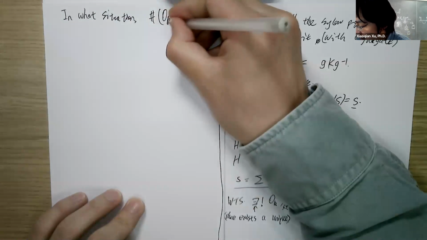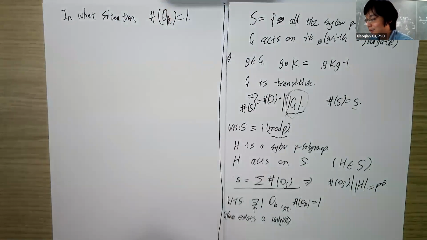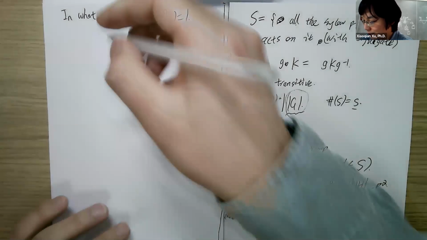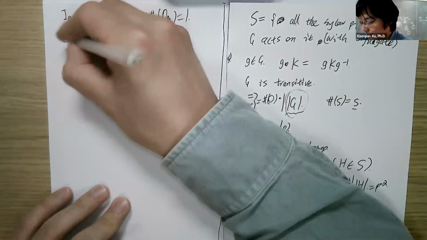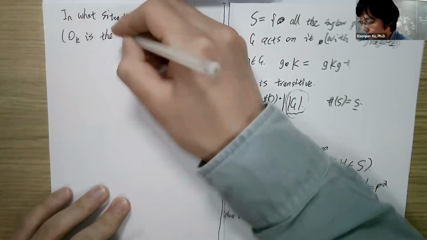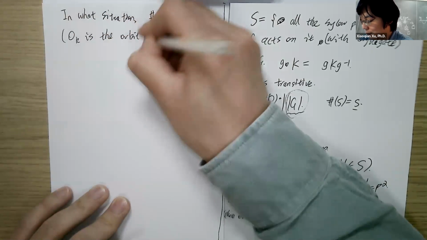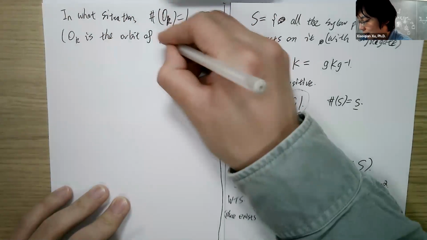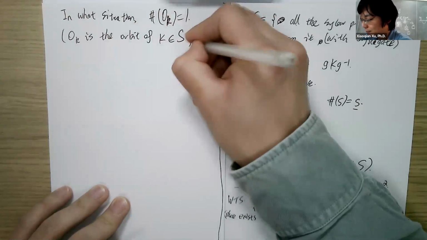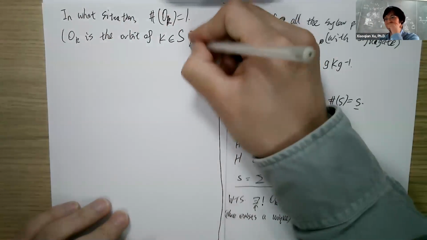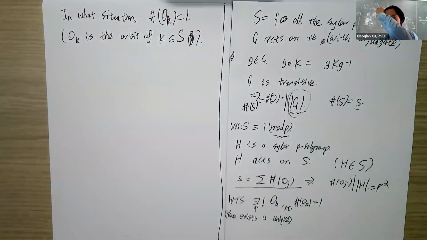Okay, let's say this O_k is an orbit of k in S. So let's see, what can we say about this?